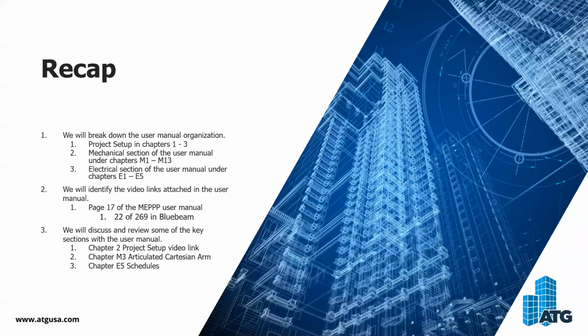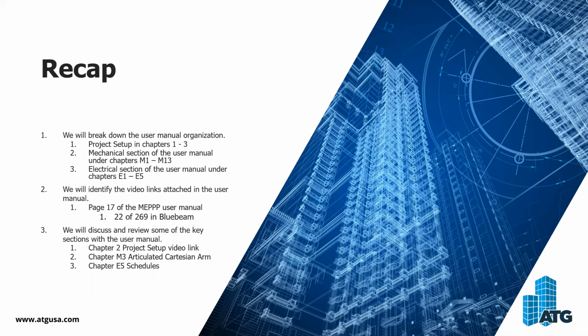So just a recap on what we dove into today. We wanted to break down the organization, looking at chapters 1 through 3 being more the project side and the overall setup of the user manual itself, covering project setup and overall use, versus section number 2 here, which is the mechanical and plumbing, labeled under chapters M1 through M13.